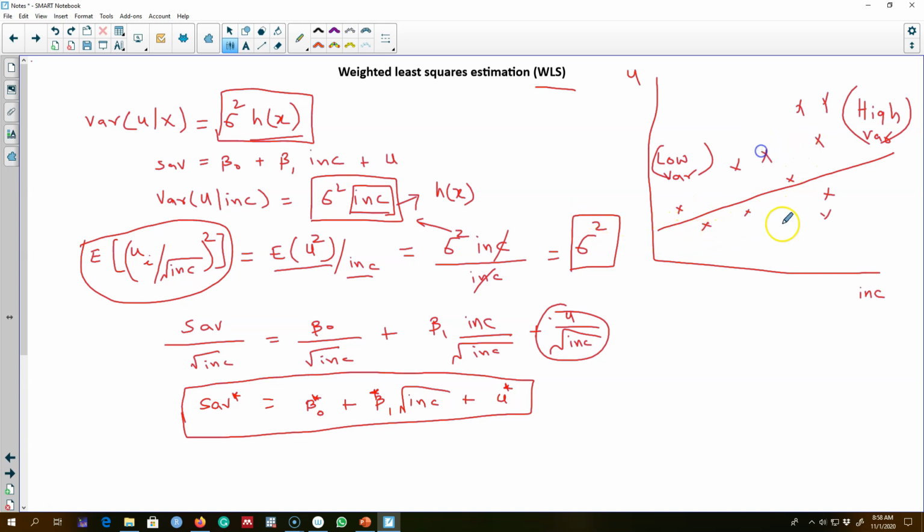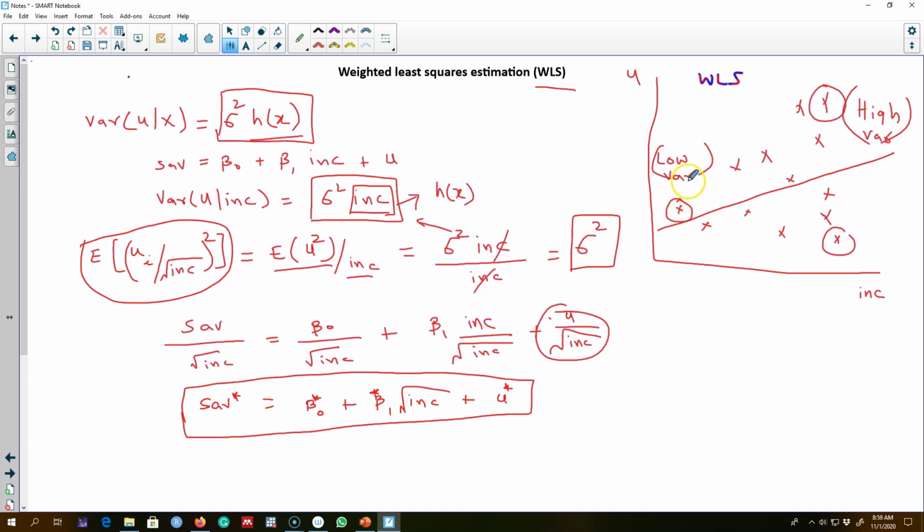But people with high income may have more choices, so there is more variation in their savings as compared with average savings. OLS assigns equal weights across all these observations. So no matter whether the observation lies in the high variance zone or the low variance zone, OLS will assign an equal weight. But what weighted least square does is it assigns different weights across different zones.